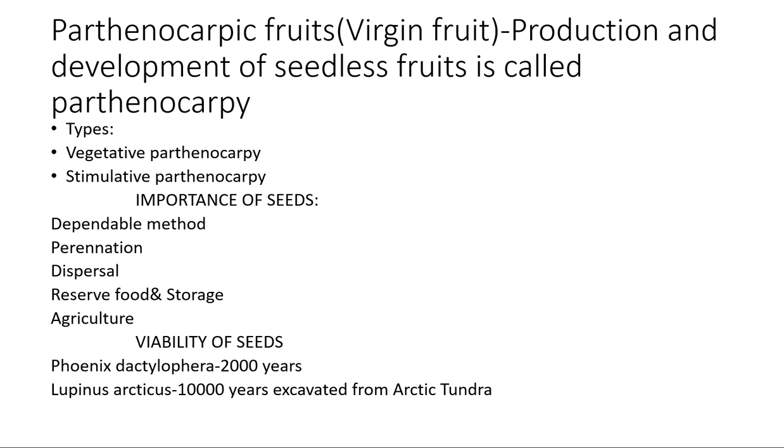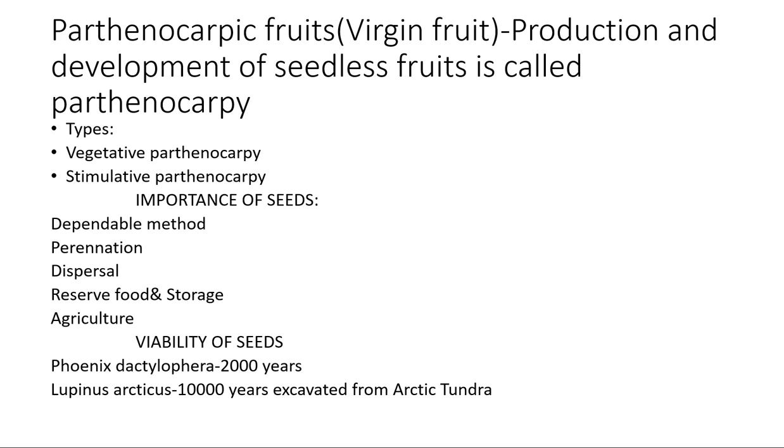Now vegetative parthenocarpy, in vegetative parthenocarpy, the seedless fruits can develop even without the stimulus of pollination. And in stimulative parthenocarpy, the stimulus of pollination is required without the actual process of fertilization or seed setting. For example, grapes, etc. In some cases, hormonal treatment is given to make the fruits.